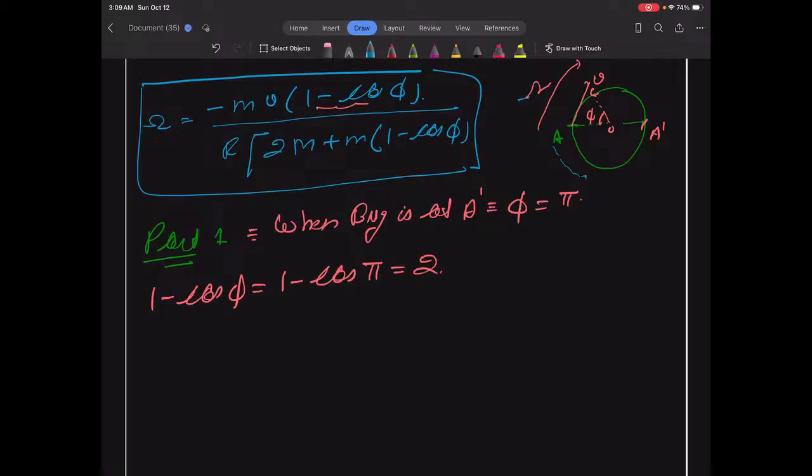Therefore we can write that the angular velocity at point B will be equal to minus the mass of the bug, its velocity, and this 2, and in the denominator r and 2m, and this will also be 2 times small m.